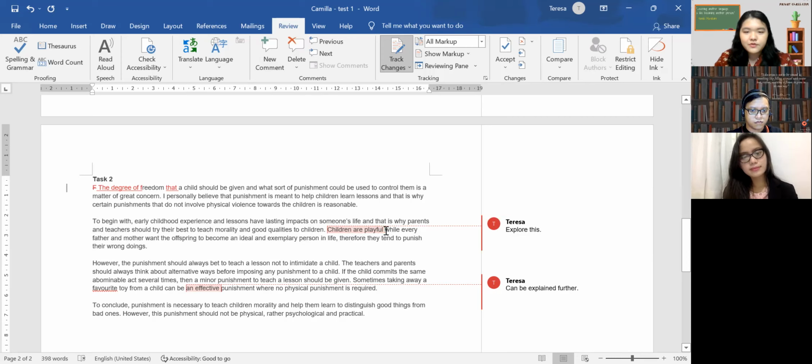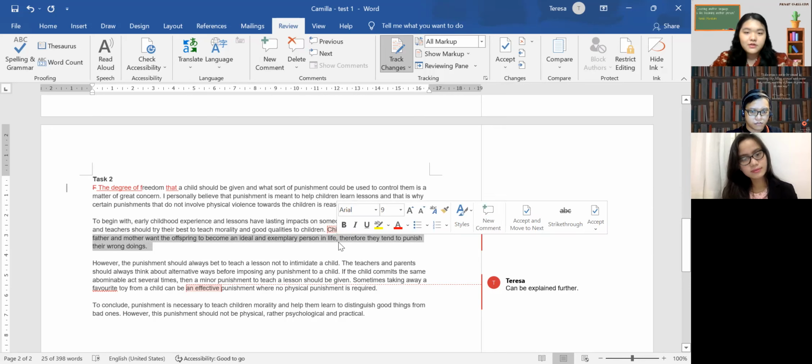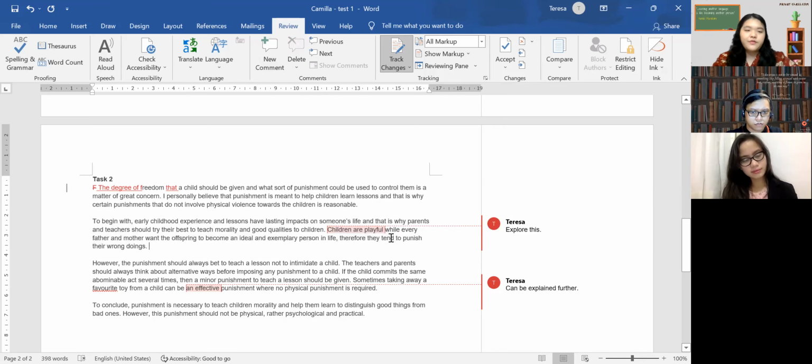When you explore this, you will want to separate this sentence. If not, it will be too long. So you can put, for example, however, every father and mother wants the offspring to become an ideal and exemplary person in life. Therefore, they tend to punish their wrongdoings, in hope that the children do not do it again.